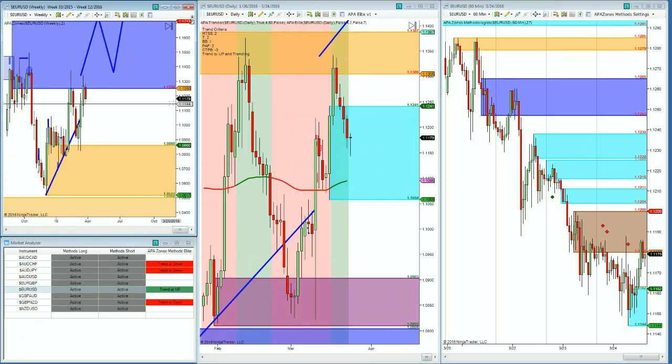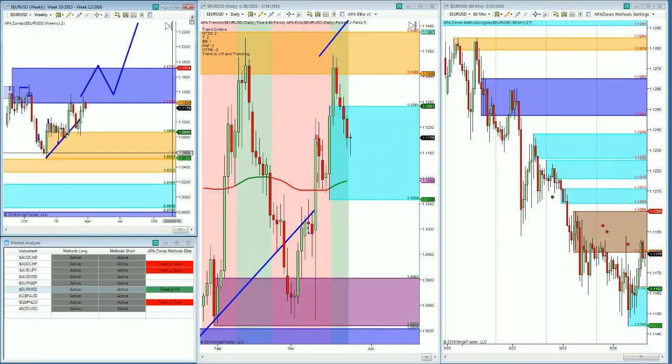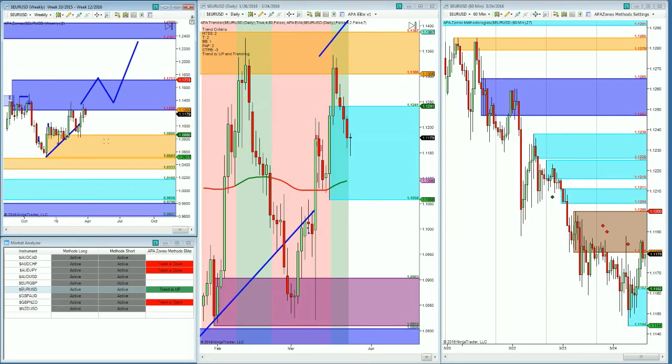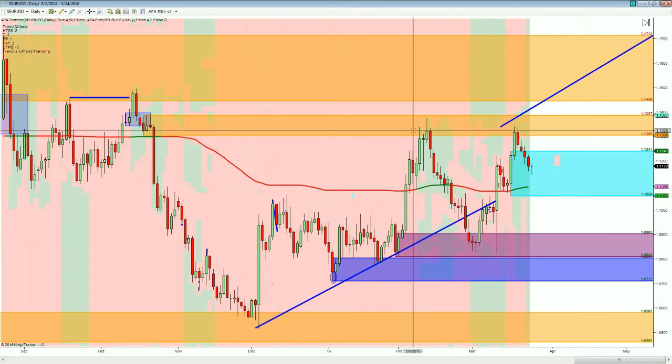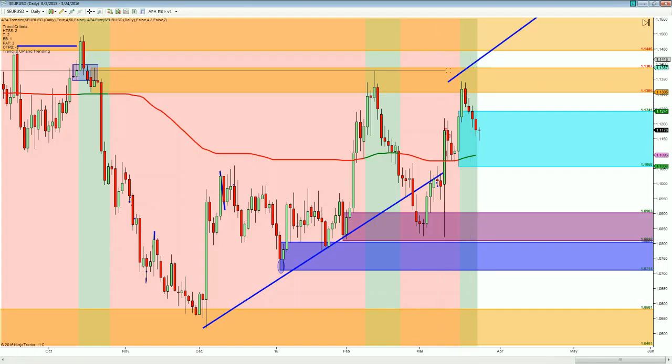There's a really big pattern coming out of the weekly that would say that something like this could be happening. Now, if we're pulling the pattern off the weekly, this could be a very, very long-term thing. This could last for the rest of the year. On the daily, yeah, this was the range play.